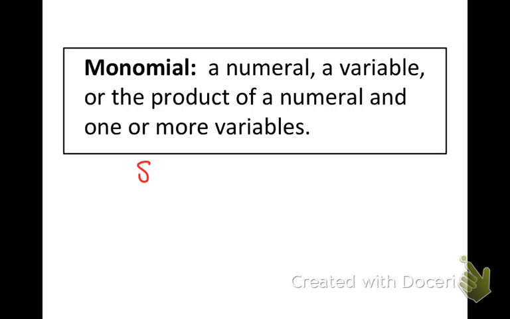X squared. X. 8. X squared would be a monomial, there's just one term there. 8 would be a monomial, there's just one thing there. I could take the product of the two, and that still is going to be a monomial.